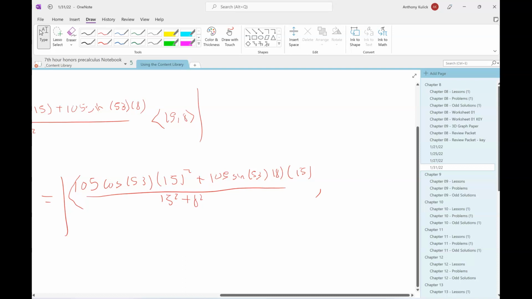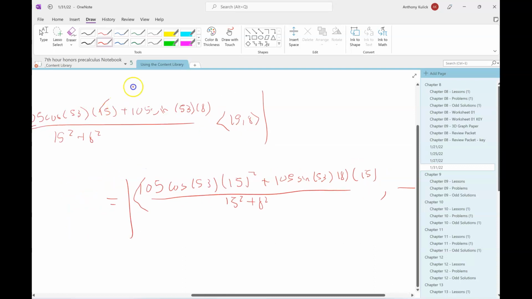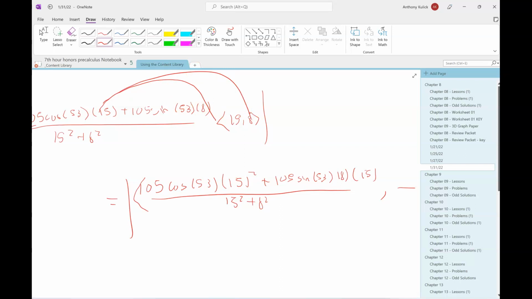Taylor? Where did the 15 come in? On the top, the second part of it? Why is there 15 on that? Because that's just the first component of my new vector when I do the scalar multiplication. So I'm taking this. It's the next step in the order of operations, right? I got to do the scalar multiplication before I take the magnitude.